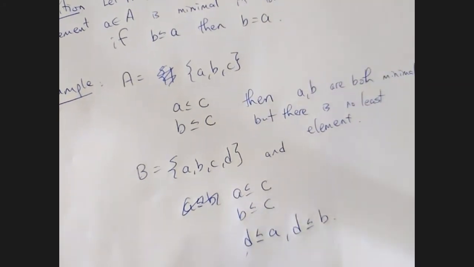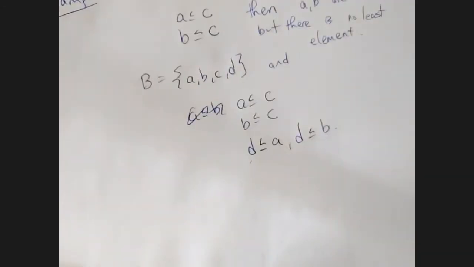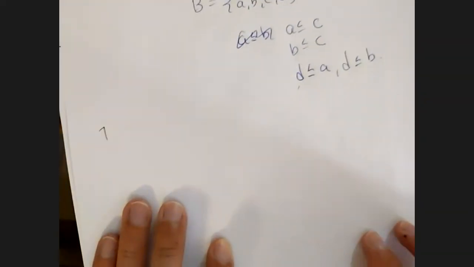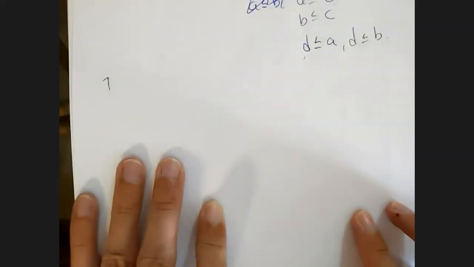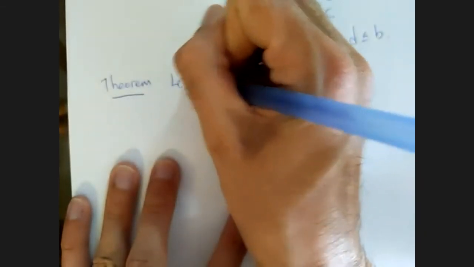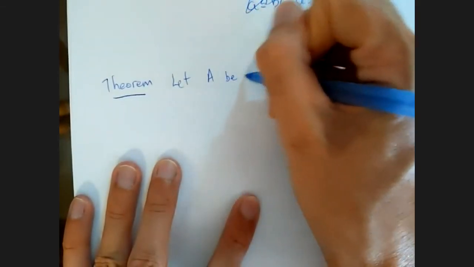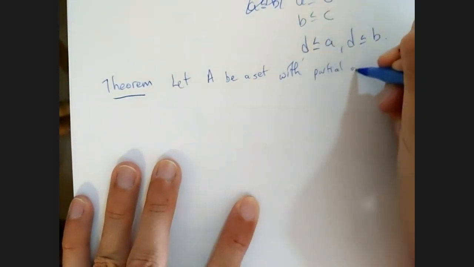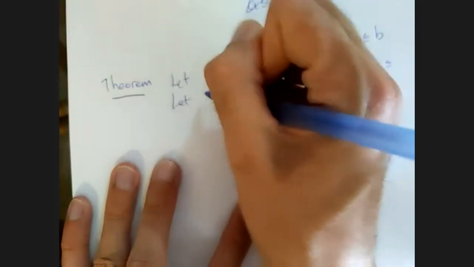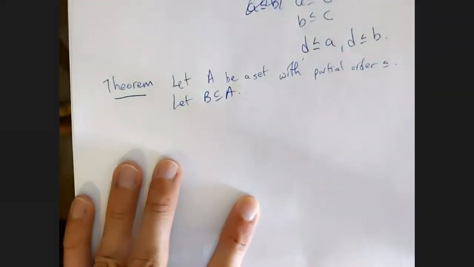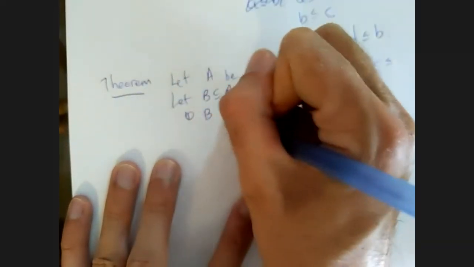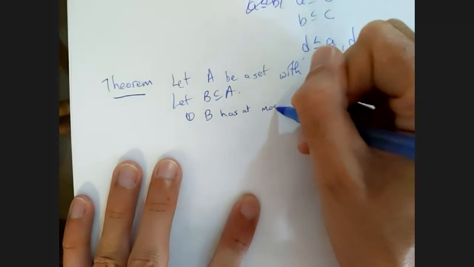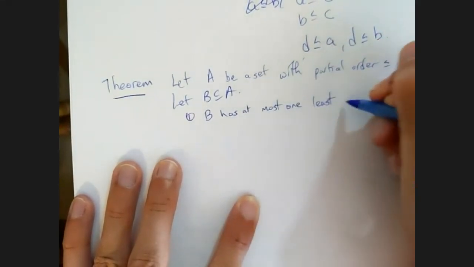Okay, and then we have a theorem. Let A be a set with partial order less than or equal to, and let B be a subset of A. One: B has at most one least element.